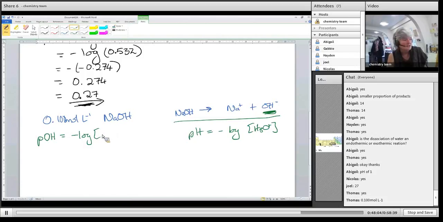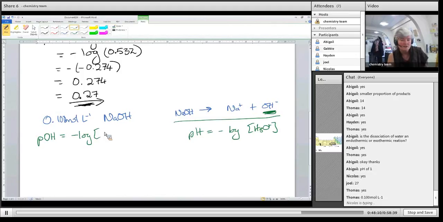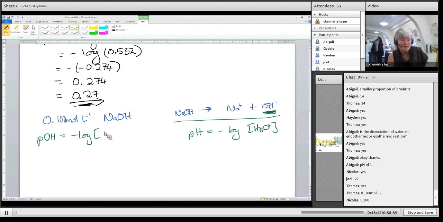What concentration of ion would I put in there? Anybody want to have a guess? Okay, correct, Nicholas, you put the value in. I just wanted you to get the pOH is looking at the negative log of the concentration of the hydroxide ions.